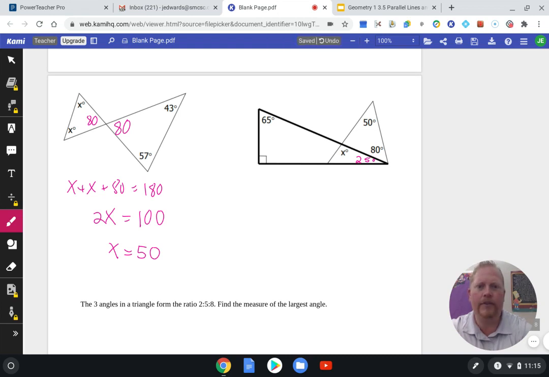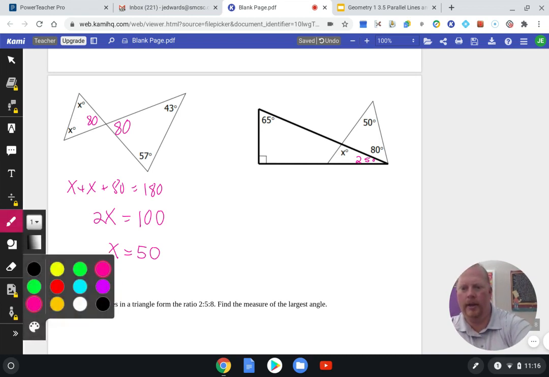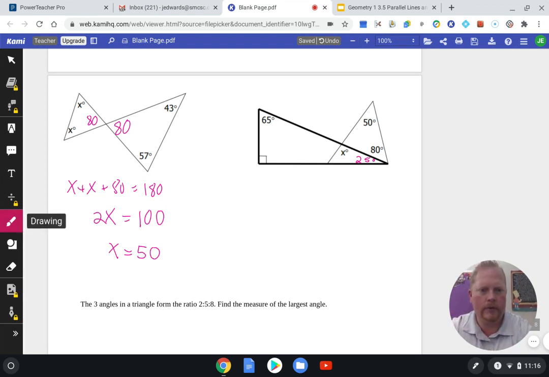Okay, can I figure out what x is yet? Not quite. Then I can go ahead and take this other triangle. And I can say, all right, so actually, I'm not even going to do that.